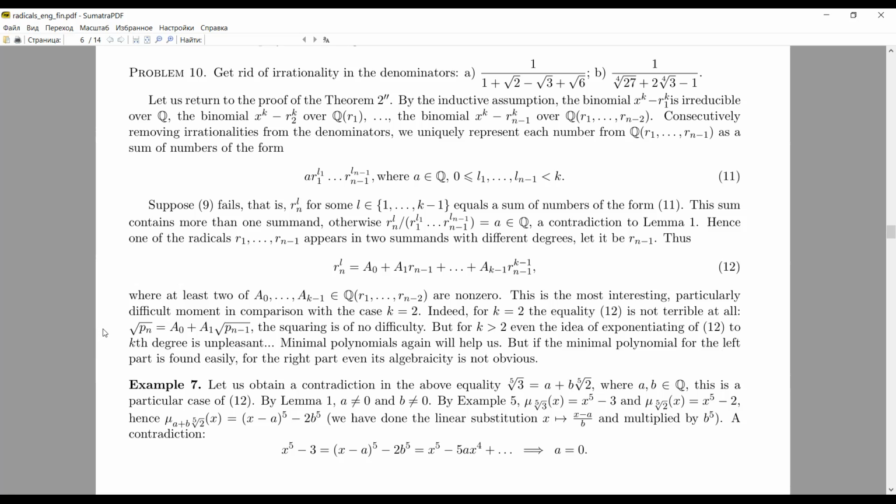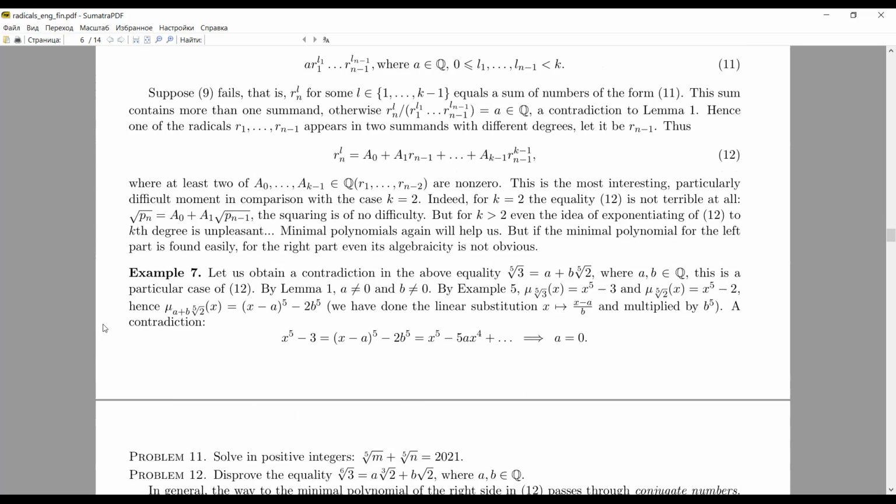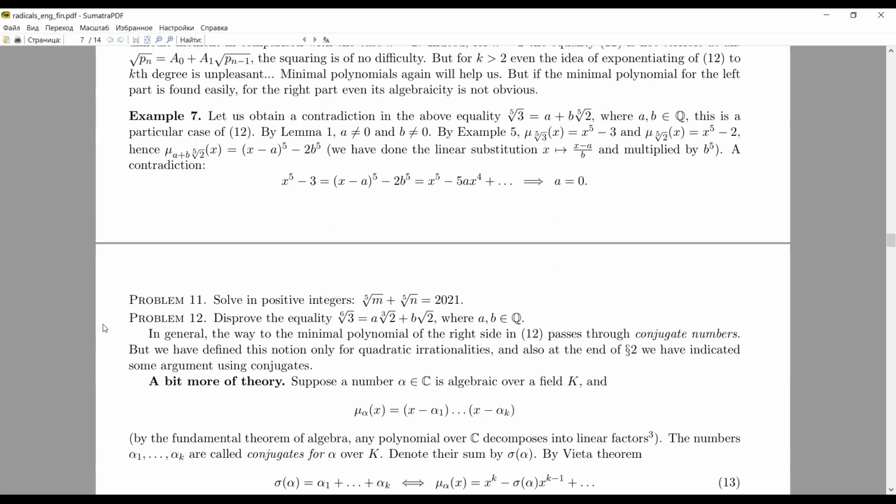But what to do if k is more than 2? We need some concepts, some theory. I already discussed this example, example 7: how to get a contradiction from this equality. We consider minimal polynomials and get that a equals 0, and this is a contradiction.